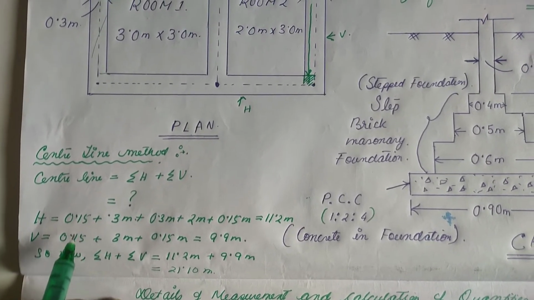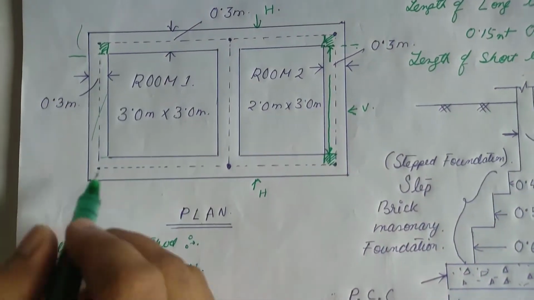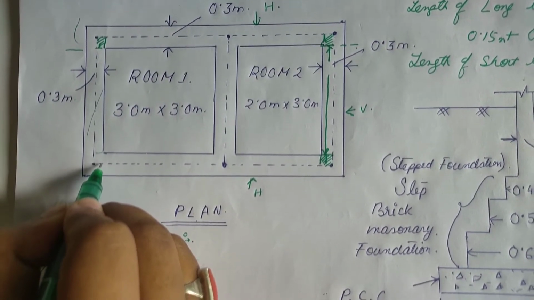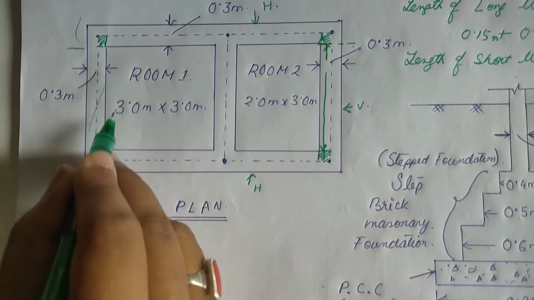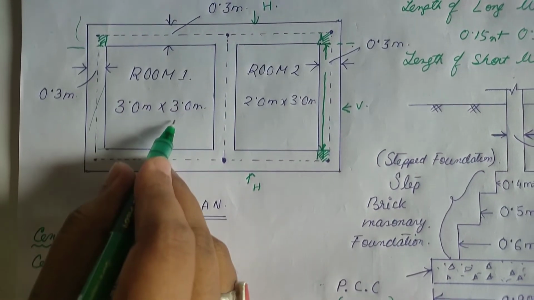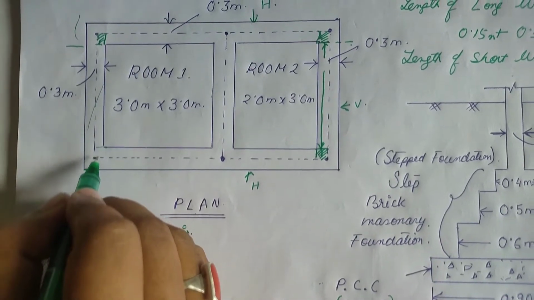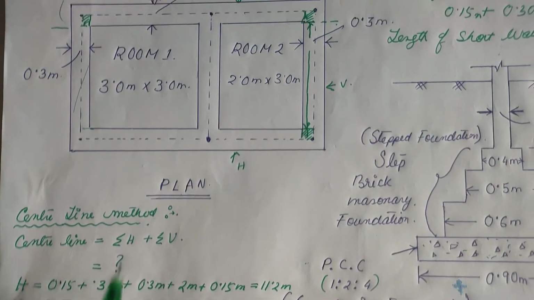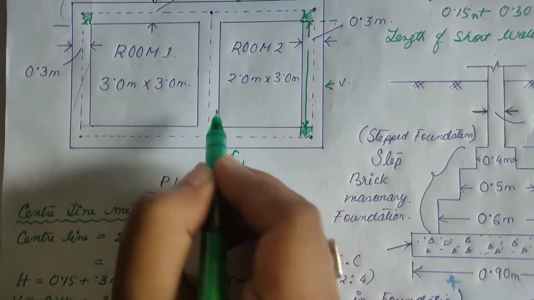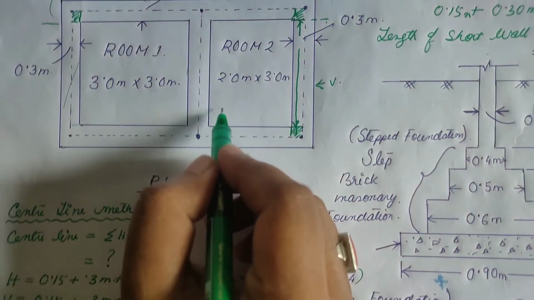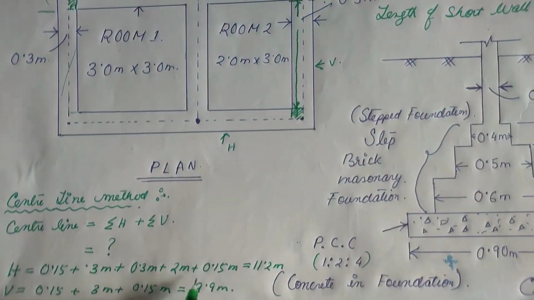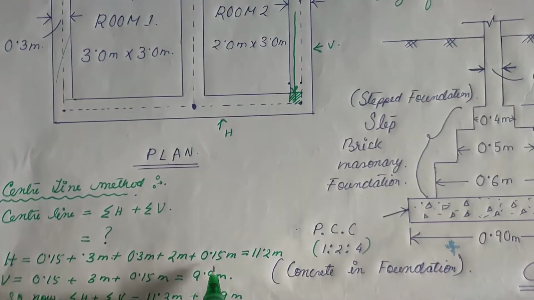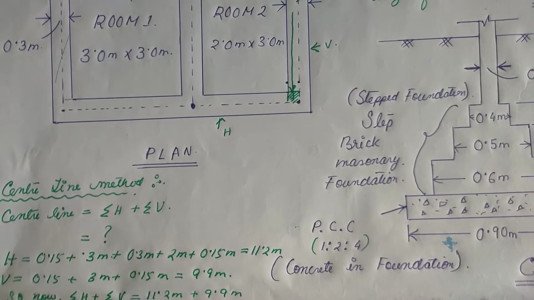So H equals, if we start from here, half of the wall thickness 0.15 plus this is the length and this is the breadth plus the length 0.15 plus 3 meter plus the thickness of this wall directly 0.3 meter plus 2 is the length, so 2 meter plus again from here to here 0.15 meter equals 11.2 meter.